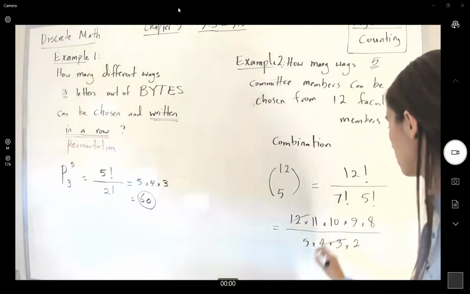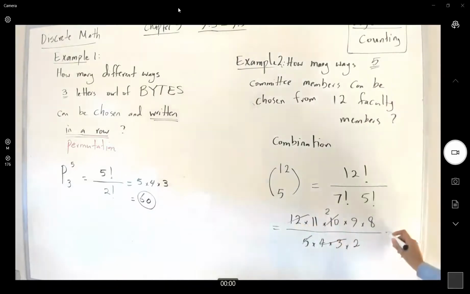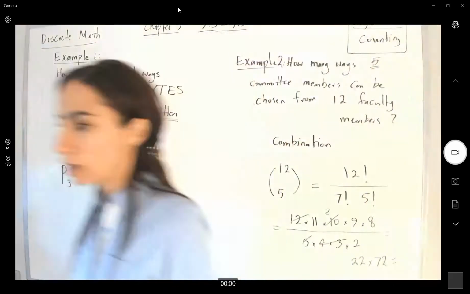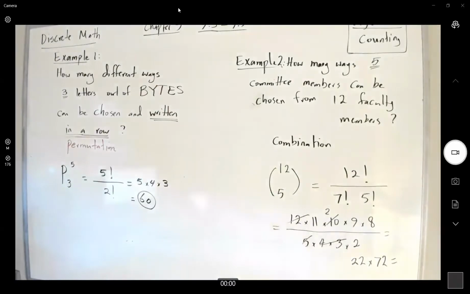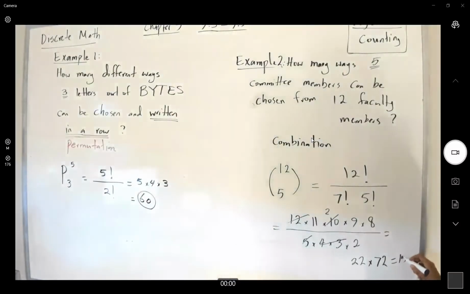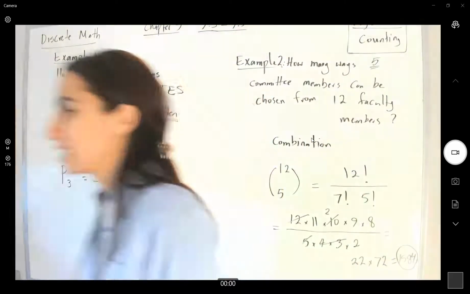So you can cancel out these 2. You get 22 times 72, which is 1,584 combinations.